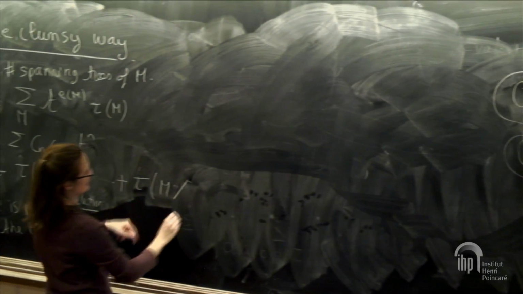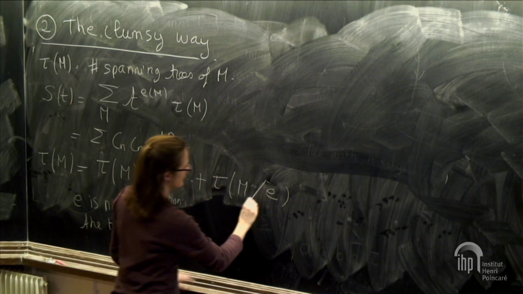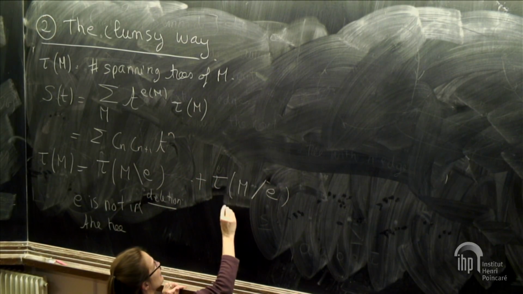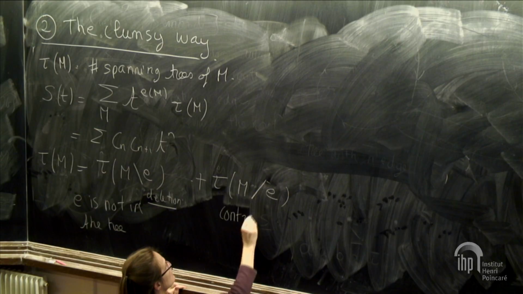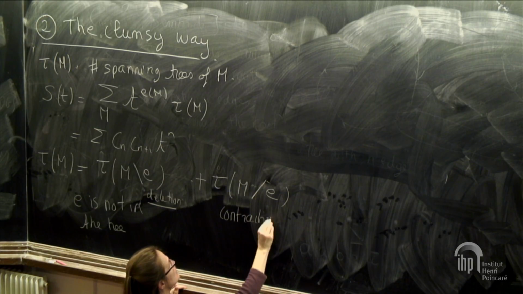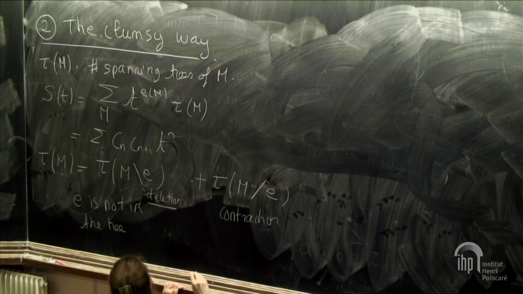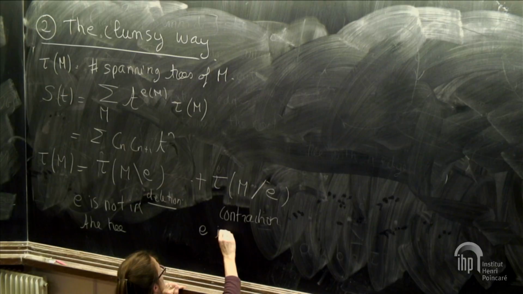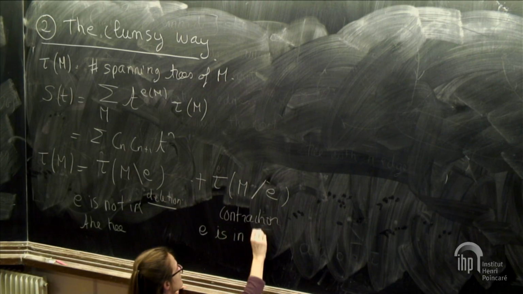So mind the notation. This is M in which I have contracted the edge E. And so this counts trees such that E is in the tree.